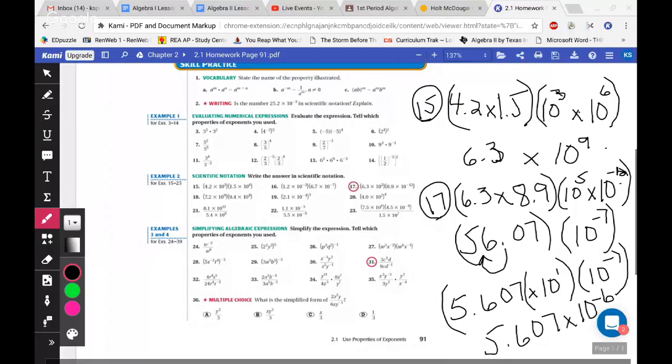And so you have to adjust your exponent on your base 10 in order to accommodate however you have to adjust.